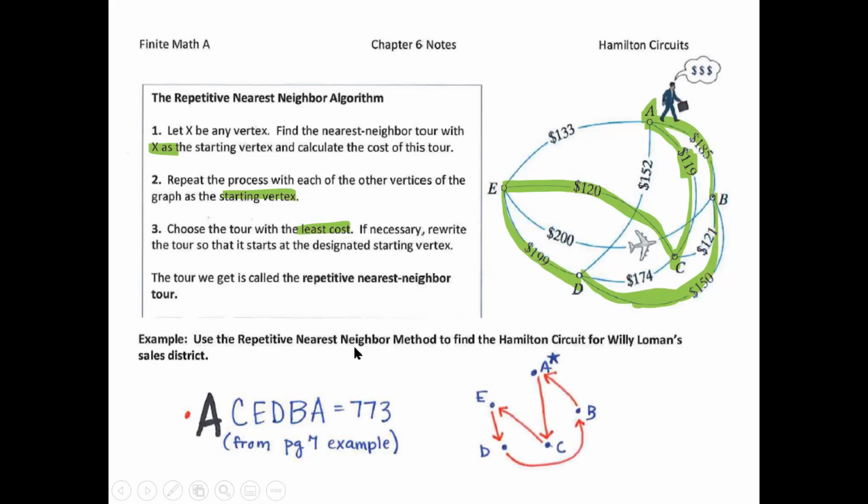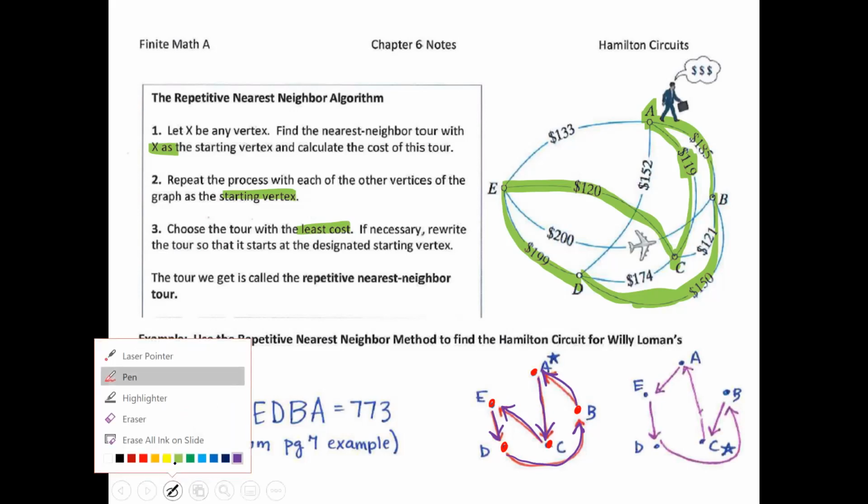If I were to redraw and rewrite this, here's A, B, C, D, E. The route that I'm going for is from A to C, C to E, E to D, D to B, and B back to A. Another form that I can do is if I go backwards.